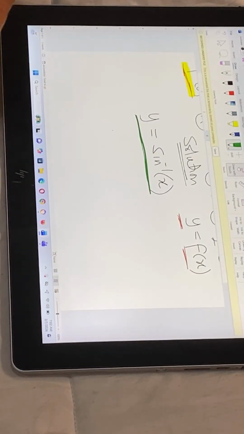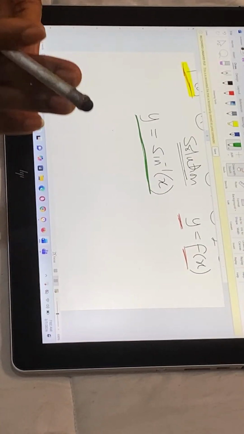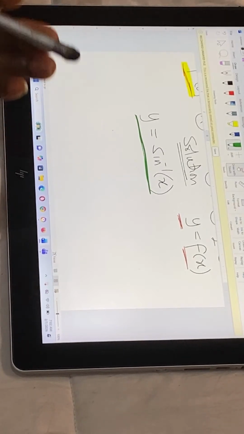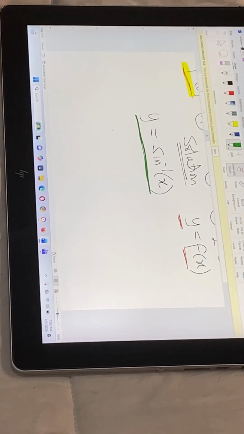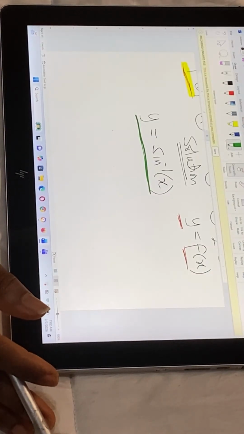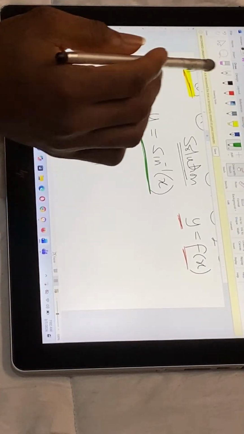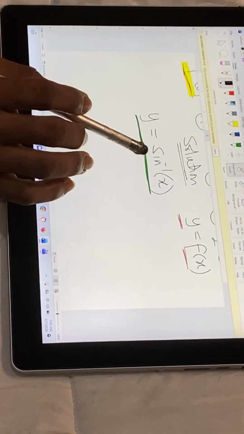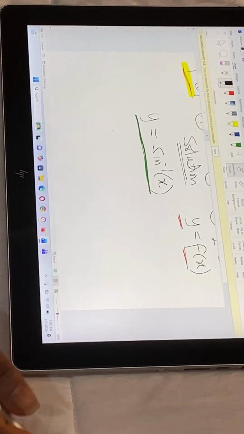Whenever you are asked to differentiate sine, cosine, tangent, sec, cot, cosec, these are trig, and we have a pattern we use to differentiate them. If you look into the special functions of trig and their derivatives, we don't have anything like sine inverse.